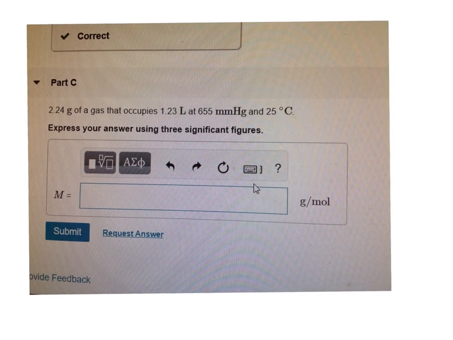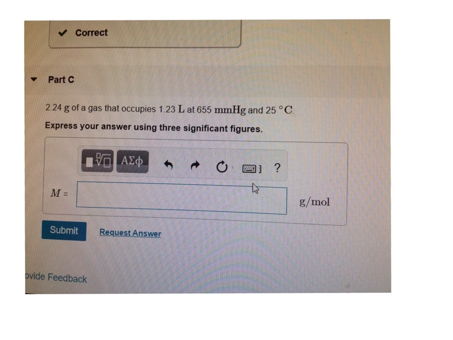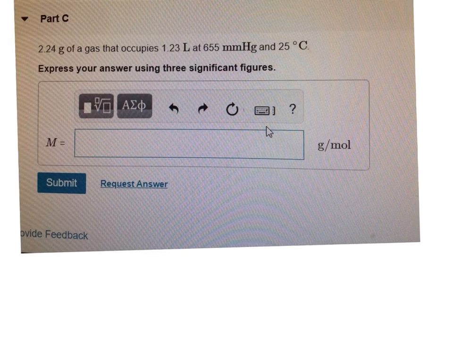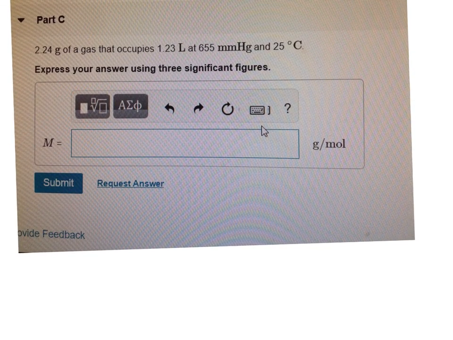Alright, so we've got our part C here. 2.24 grams of a gas occupies a volume, a pressure, and a temperature again. So let's go through it. We've got a volume given to us in correct units this time, 1.23 liters. We've got a pressure that's not given to us in the correct units for PV = nRT.